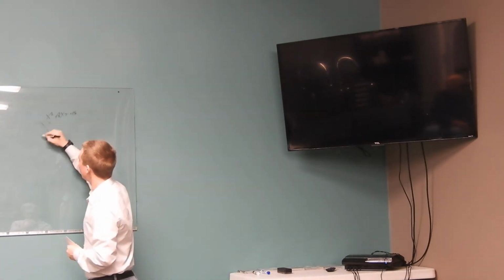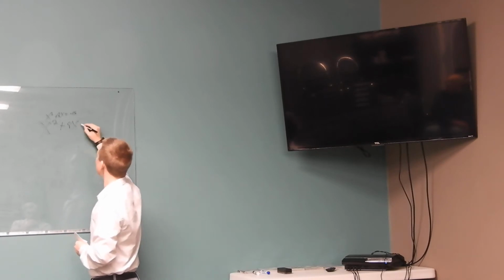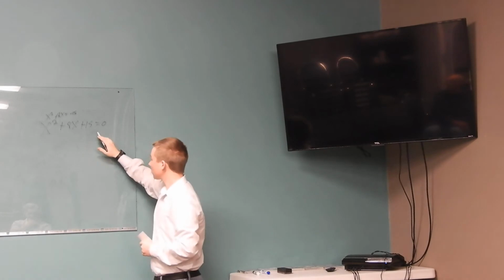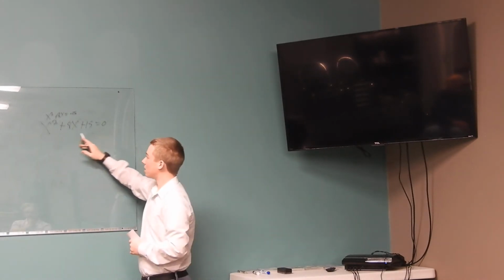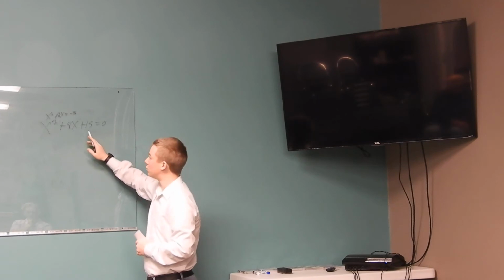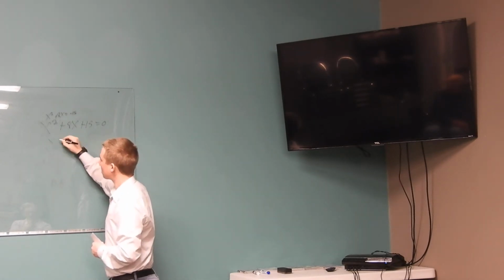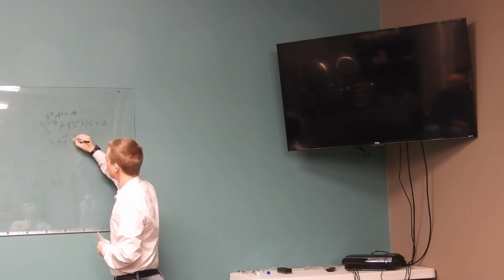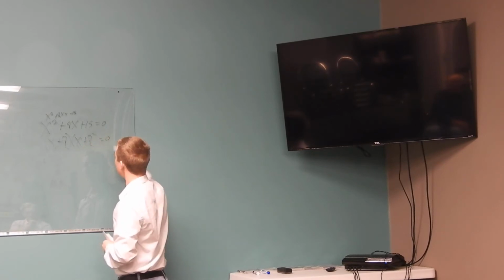So we have x squared plus 8x plus 15 equals 0. Now we need to put this half of the equation into two different terms. We need to make it into x plus something times x plus something equals 0.